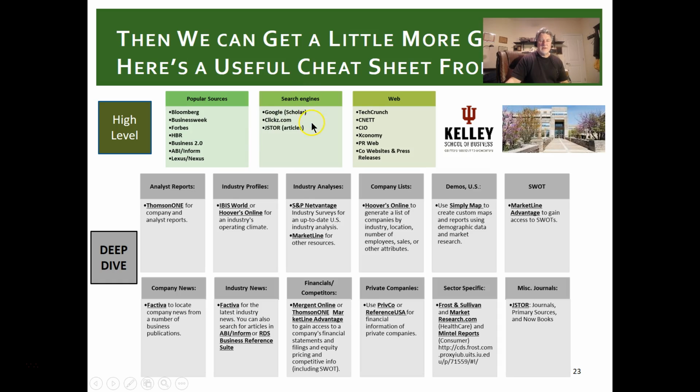Then there are search engines, and I actually want to point out JSTOR is a very useful database and search engine for articles. And then there is the web. And if you're in the tech space, you look at TechCrunch, CNET, CIO, okay. Exonomy is useful especially with the startup space, both tech and biotech. And then PR Web would give you press releases, etc., and company websites. Okay, so this is really, really high level, and you probably only need this.